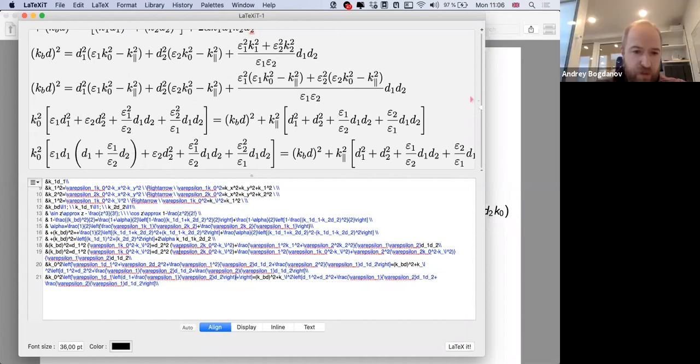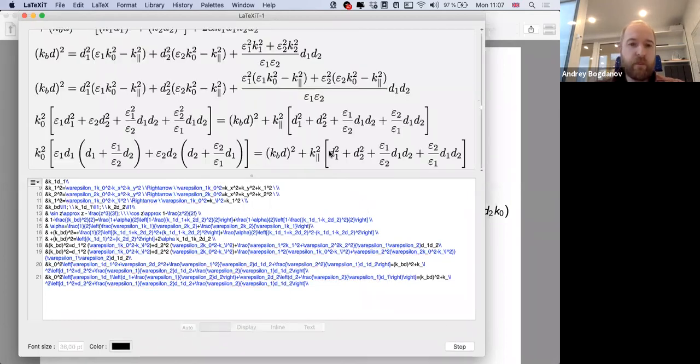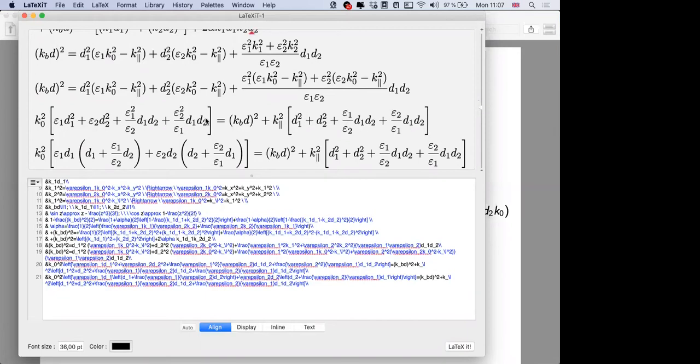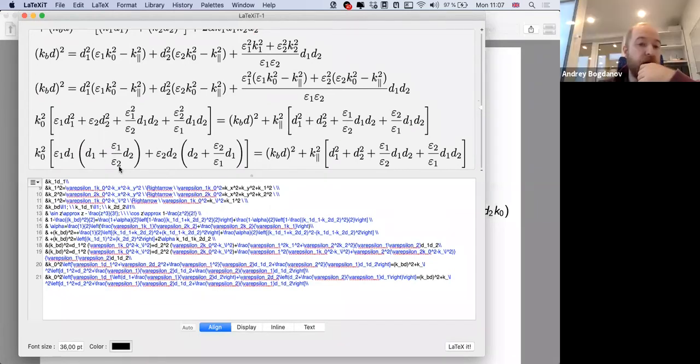I need to write just plus, and here epsilon 2 d2, and here d2 plus d1 over d2 d1, yeah. Okay. Is it correct, guys? Yes. And what else?